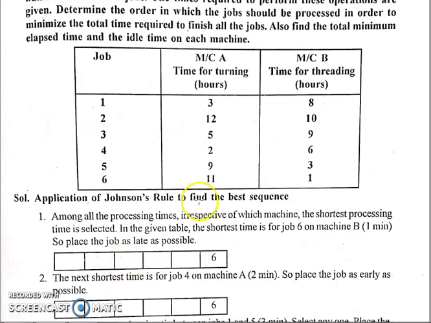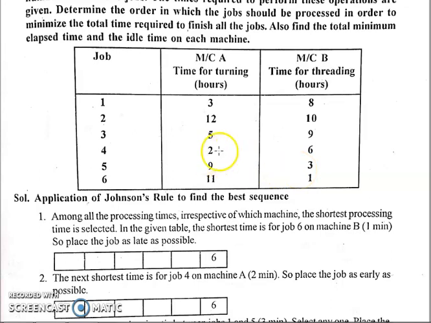Then select the next possible minimum time, that is 3 and 3. So there are 2 3's here. Then which one do we have to select? Very simple, you select any one. You can select any one. Take this or this. Anyway, both are on different sides.